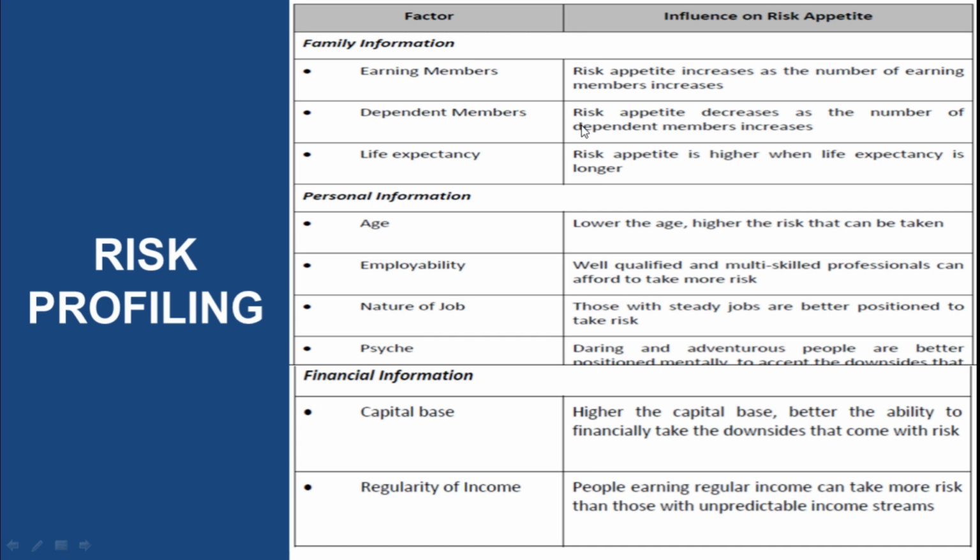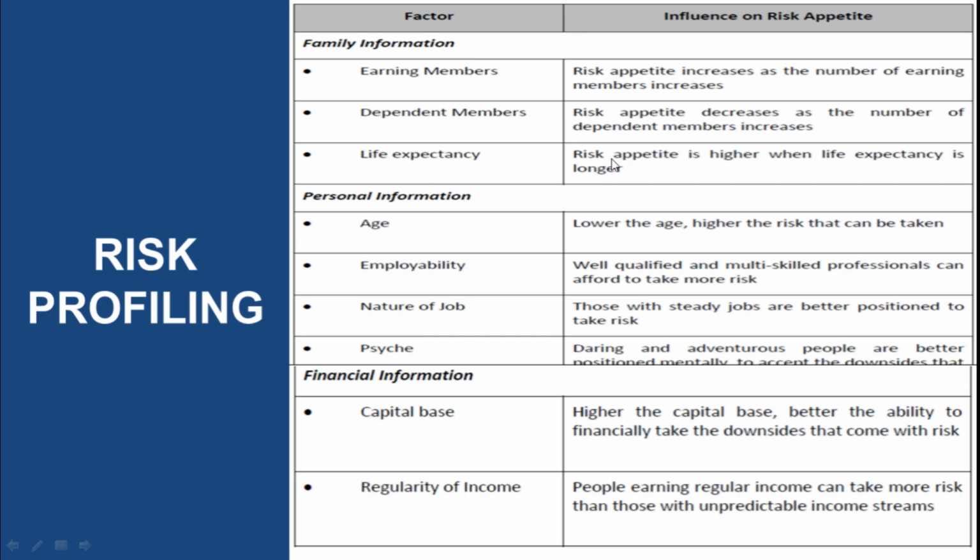So if you are taking higher risk and any unfortunate thing happens to your hard earned money, then how would your family manage in that particular situation? So if there are fewer dependent members on your income, you would be able to take higher risk in your investment. If there are more dependent members, you would have a lower risk appetite.